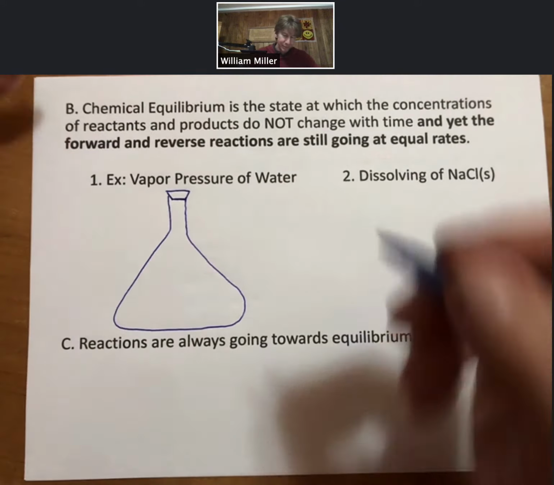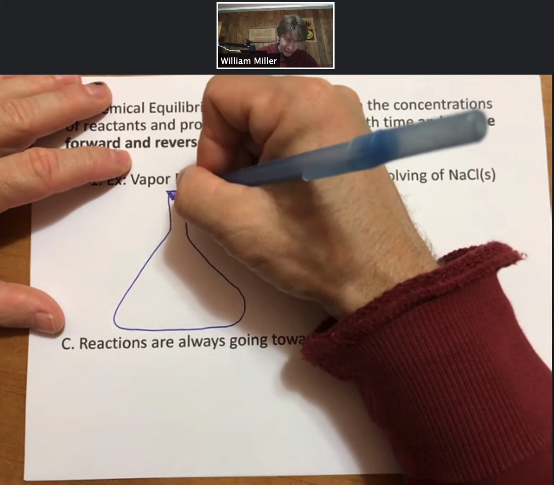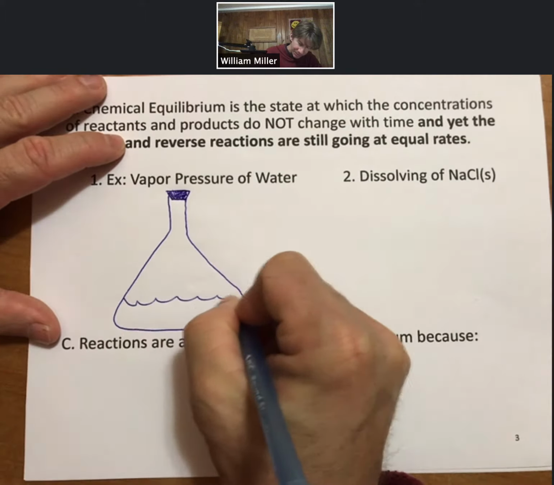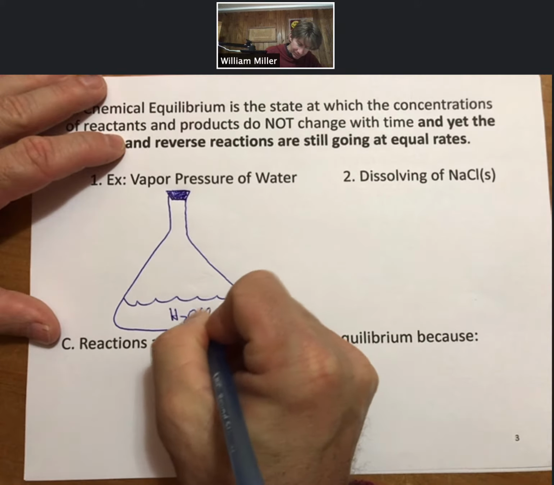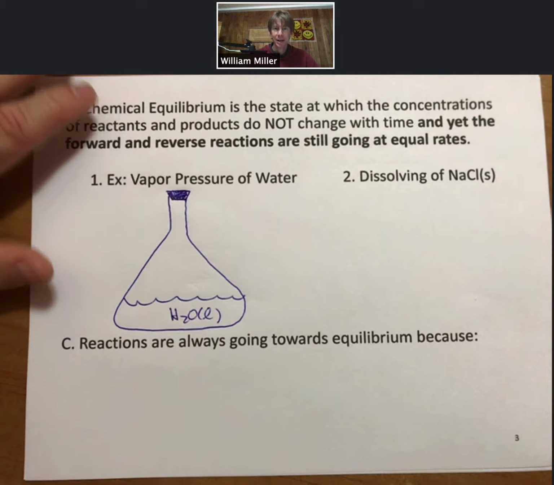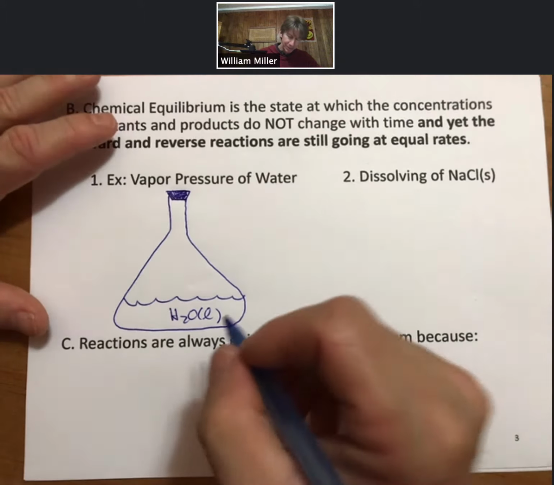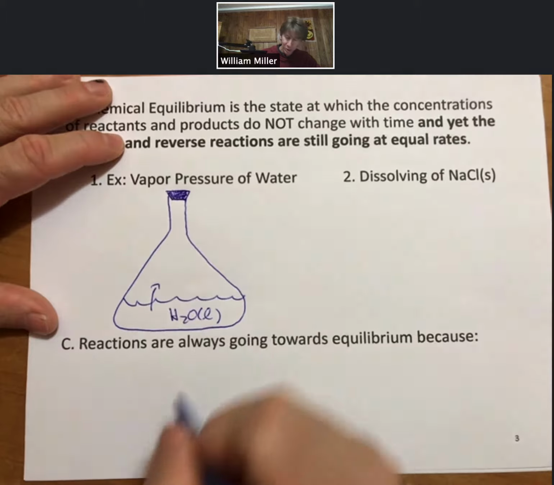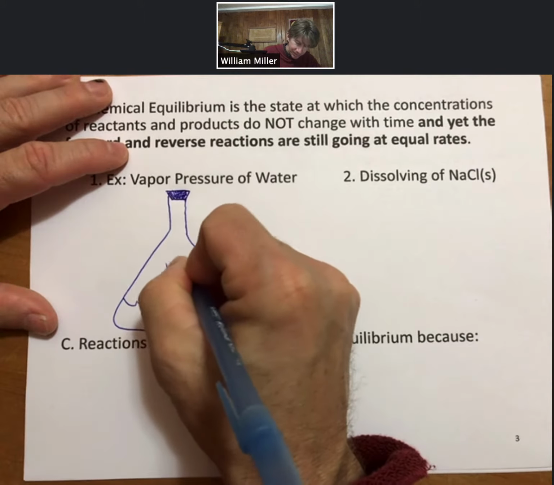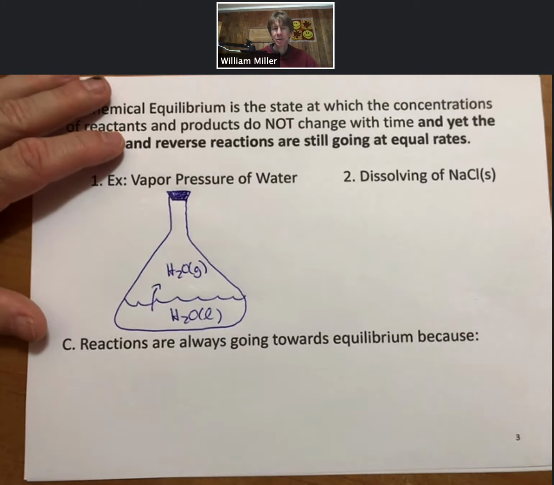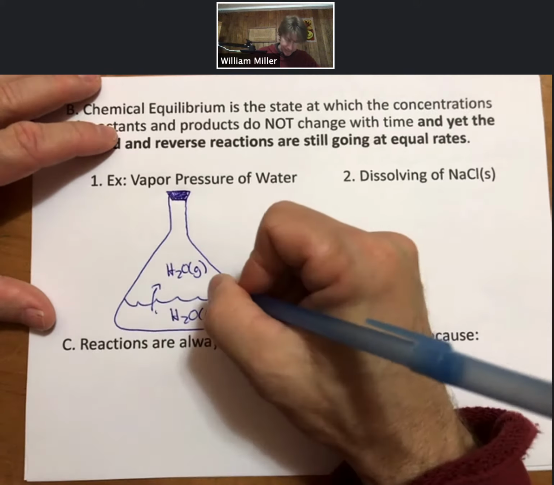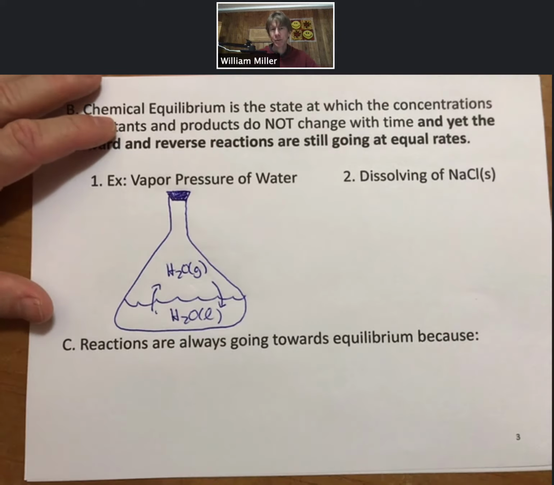As an example, if you have an Erlenmeyer flask with a rubber stopper in it, and you have H2O liquid in the bottom, what is constantly happening is that the H2O will evaporate to become H2O gas, and initially more will evaporate than will condense.